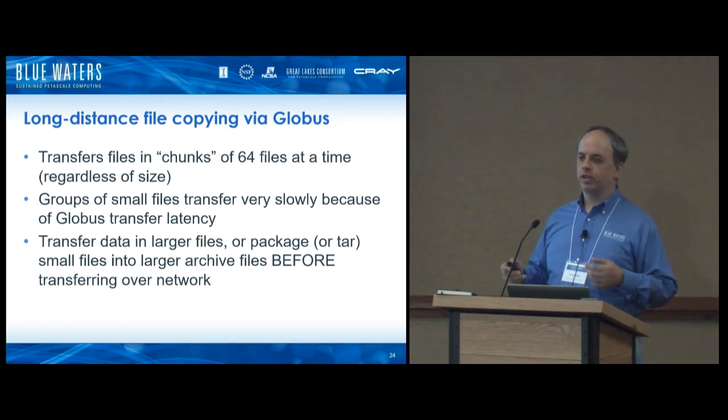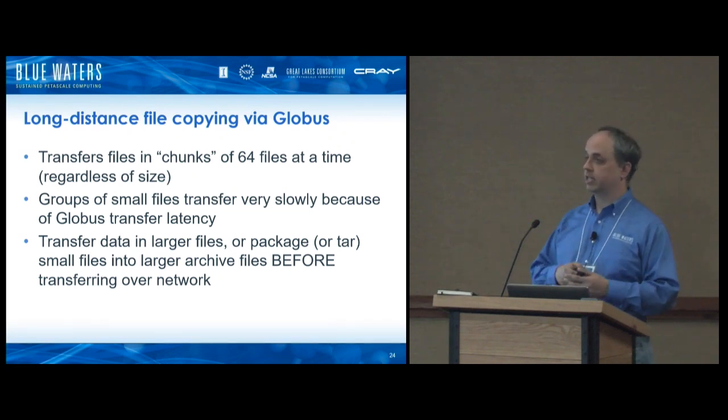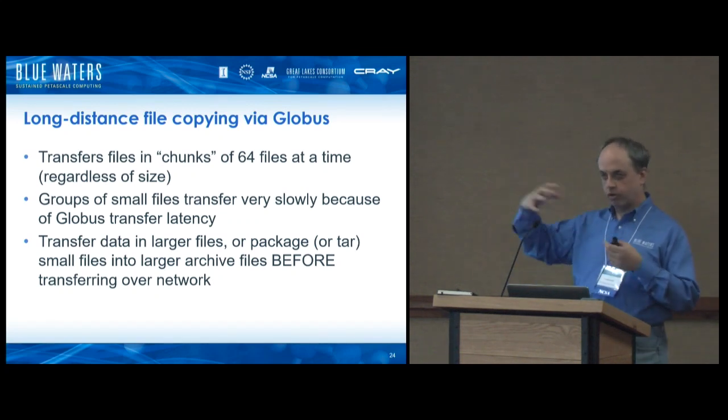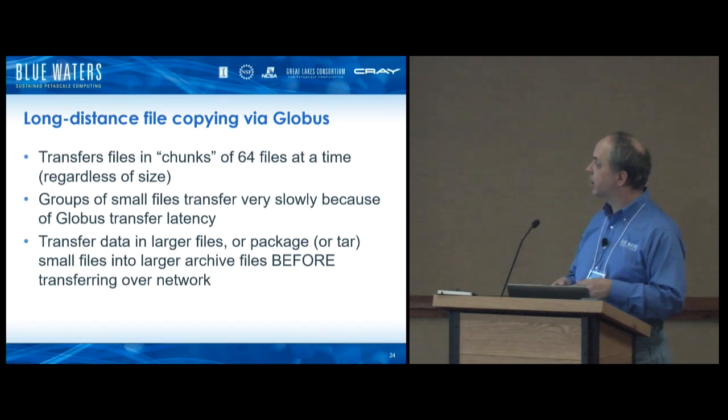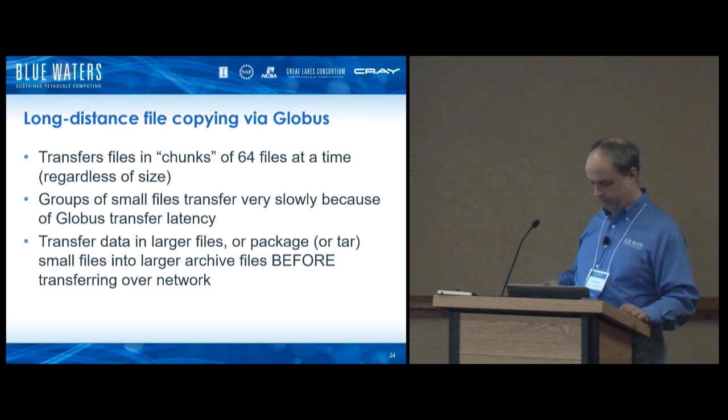So if you're transferring tons and tons of files, this is another reason to tar them up, because then Globus can open up the pipe and turn the crank, and your general throughput will be much, much higher. Right, okay.